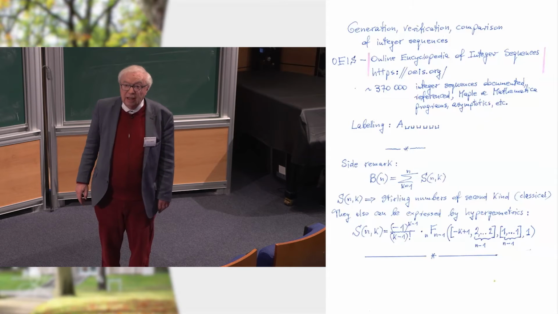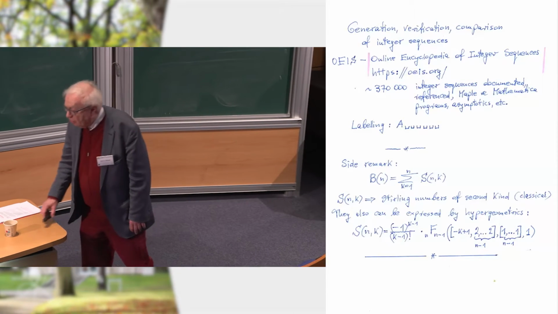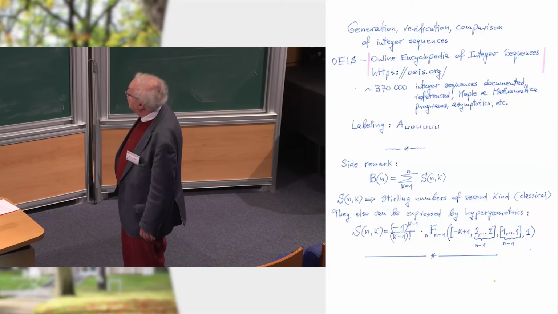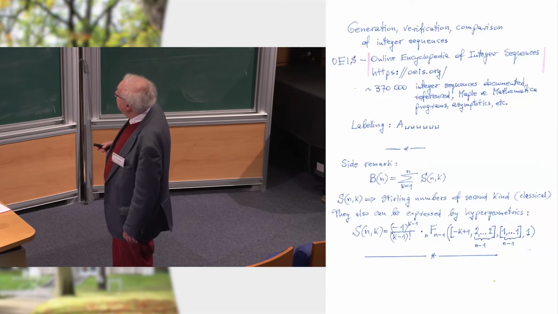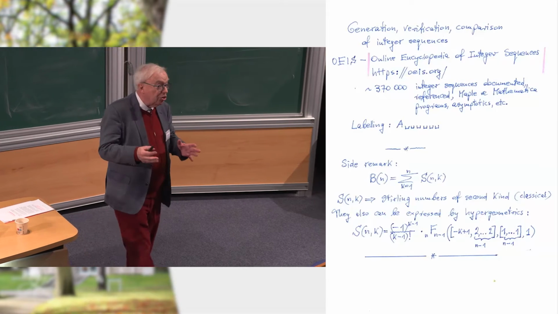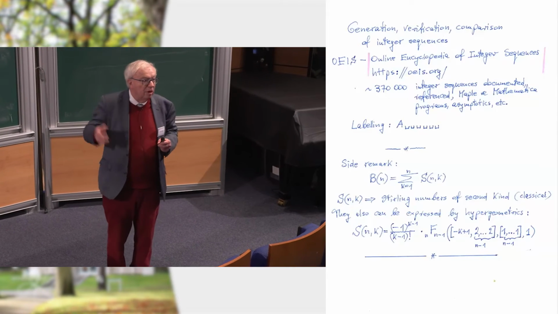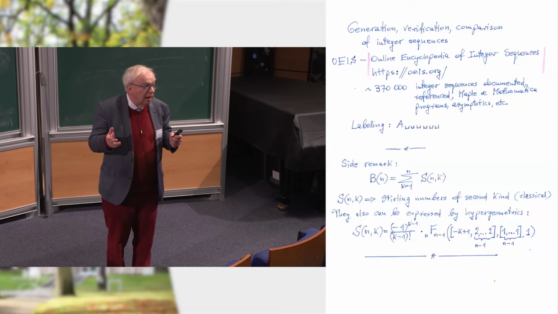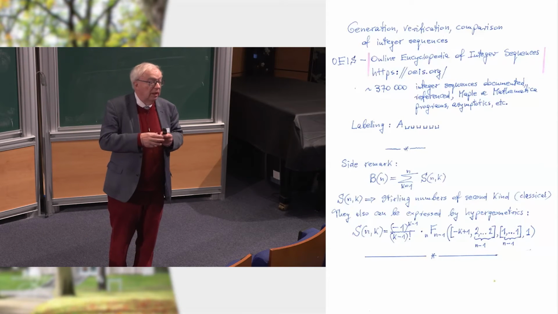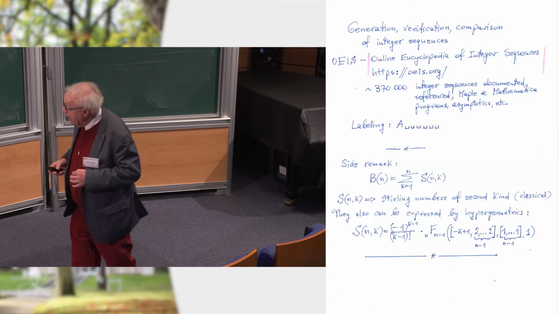It has enormous value because it contains documentation of these sequences, references, Maple and Mathematica programs, asymptotics, and literature. So in analyzing all kinds of Bell numbers and other numbers, the use of this encyclopedia is absolutely basic.